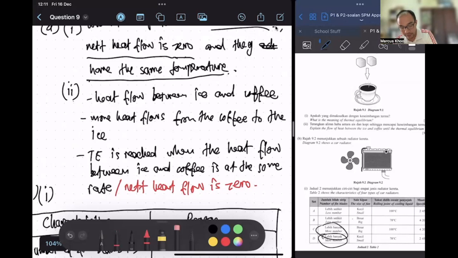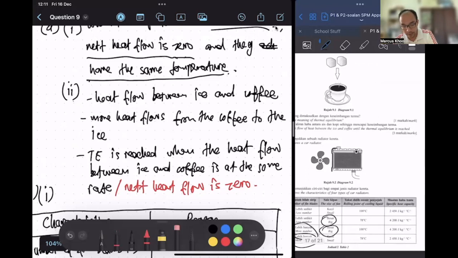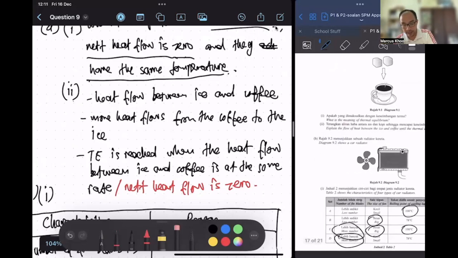The size of the fan must be big. The purpose of the fan is to suck out the heat from the water. The boiling point has to be higher, and the specific heat capacity has to be as high as possible so that it doesn't get hot too often. So when you look at it, obviously, C is the best answer lah.